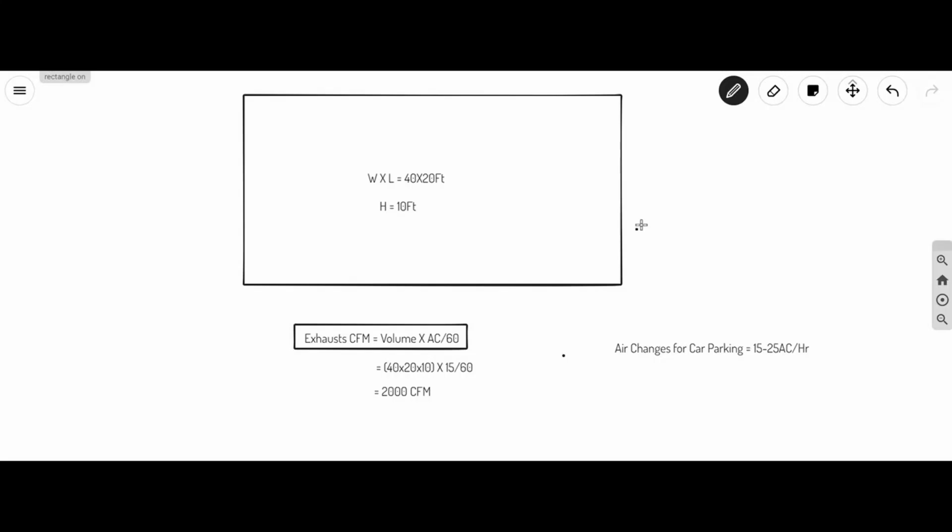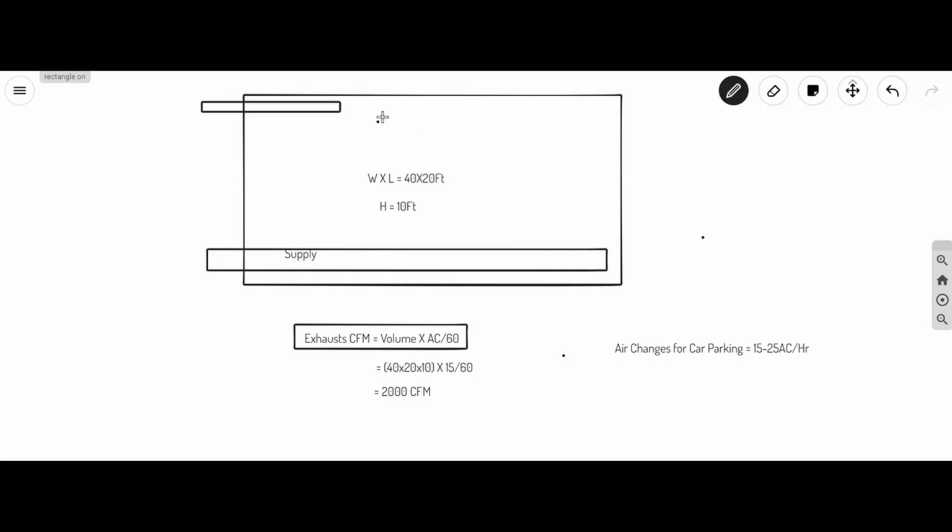As this is 20 feet, for every 12 feet, this can throw the air 12 feet. Here also we go with one supply. As it can throw 12 feet in one direction, here we use grills basically.